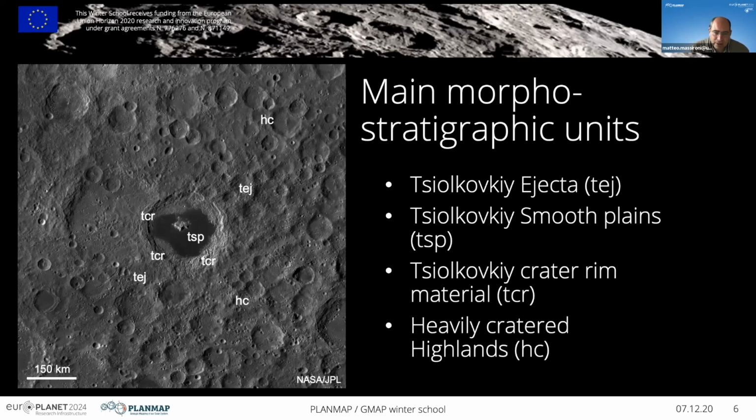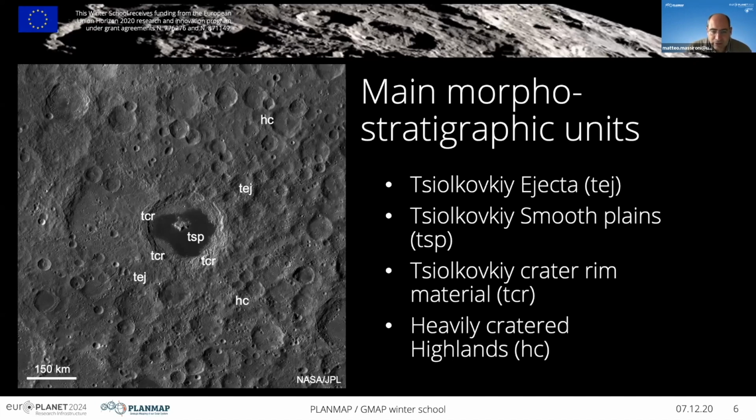Then you have the Zykowski crater rim, TSR, which is the material making up the rim itself. So it's very, very proximal ejecta material.